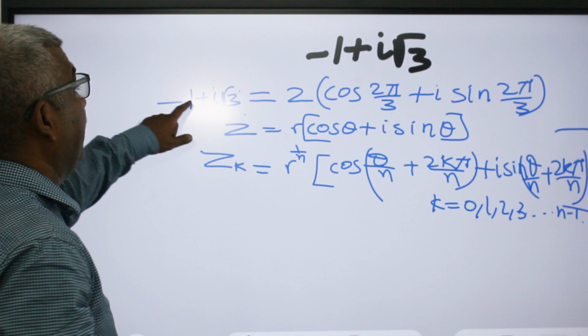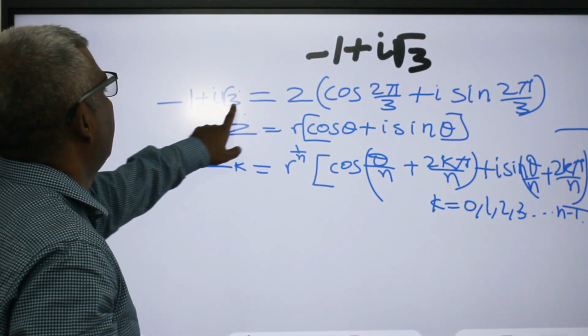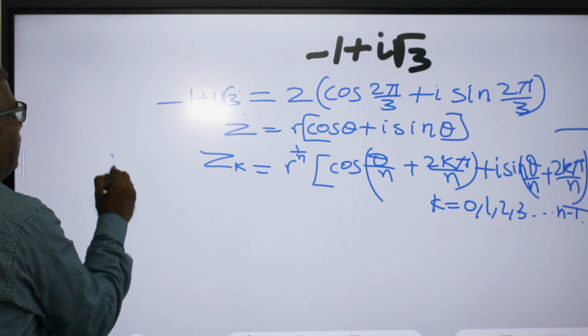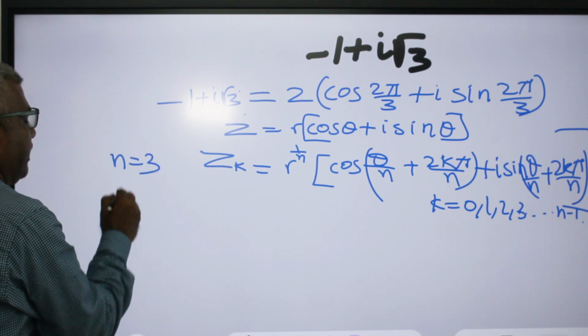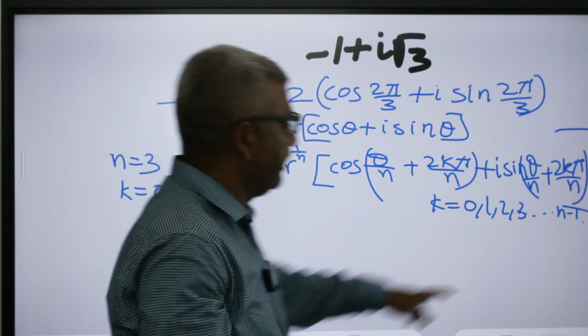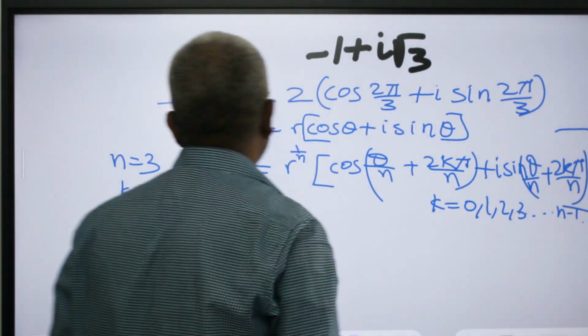Now we have to find 3 roots for this one. Now n is 3. What are the k values? 0, 1, 2, because k is 0 to n minus 1.